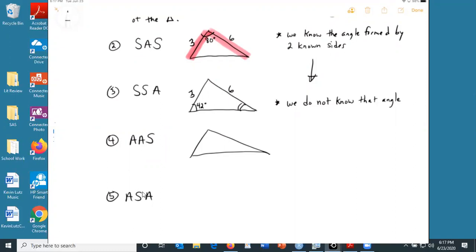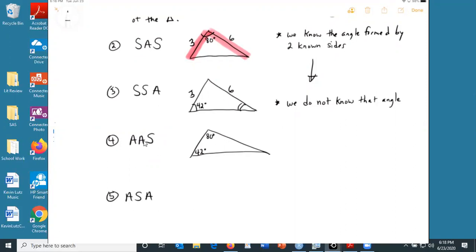And here in number 5, same thing, two angles and one side. But the order in which they are configured is different. So here's angle, angle, side. You might have, let's say, this 80-degree angle, this 42-degree angle, and then the side is just not going to be the side between the angles.